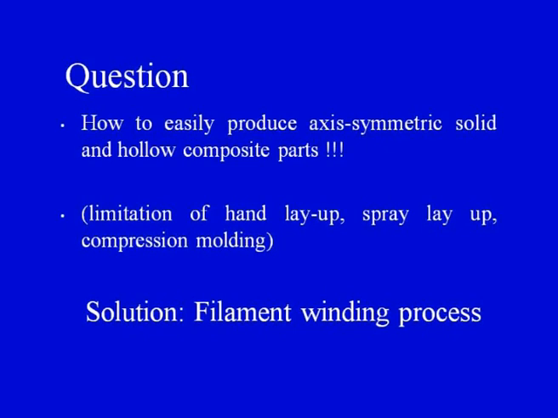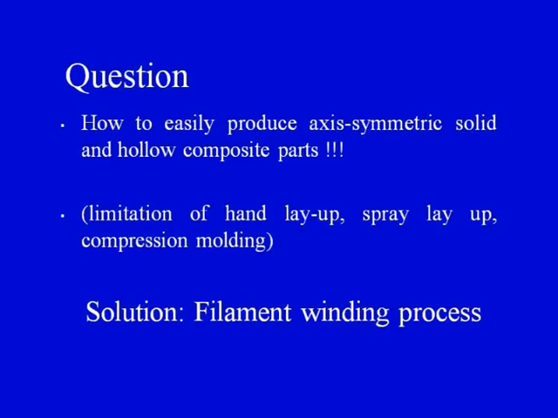That is the limitation of hand layup, spray layup and compression molding. When we have to make an axisymmetric component, it is difficult to process using the hand layup process, the spray layup process or the compression molding process. These three processes, as you see on your screen, have the limitation that they are not much suitable for making an axisymmetric component out of a composite material.